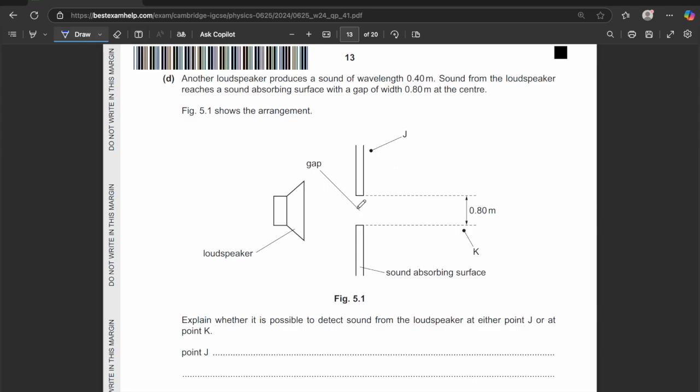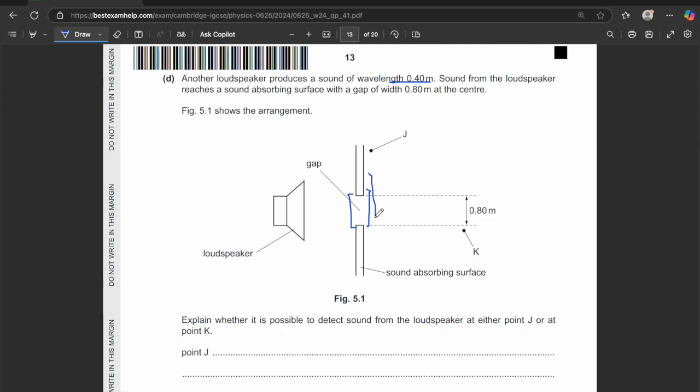So this is 0.8, which means the gap is larger than the wavelength. It's twice as large. So that means that the diffraction will only happen a little bit, like this.